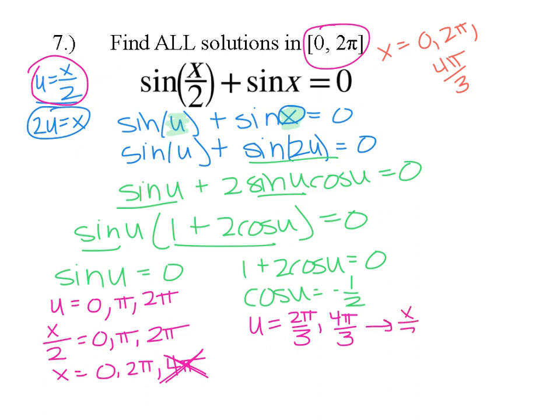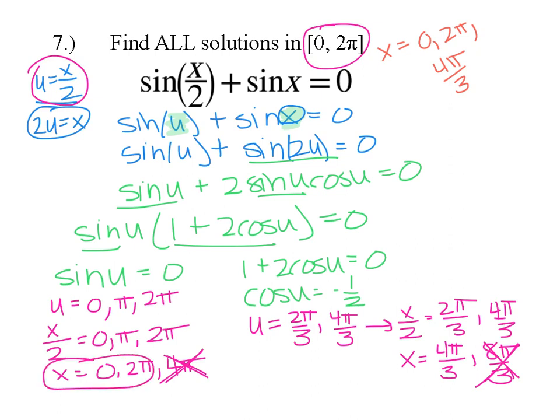So that's where x over 2 is equal to those two things. And then we multiply everything by 2, so we get x equals 4 pi over 3 and 8 pi over 3. 8 pi over 3 is larger than 2 pi because 2 pi would be 6 pi over 3, so that's going to be extraneous. So that's why we only get these three solutions, 0, 2 pi, and 4 pi over 3.